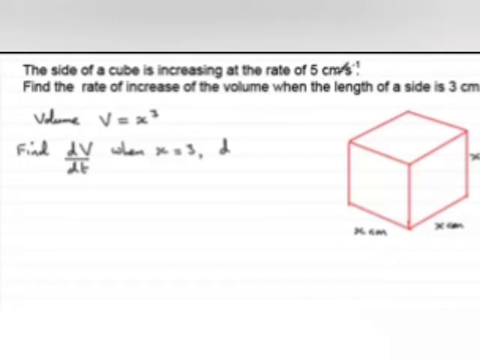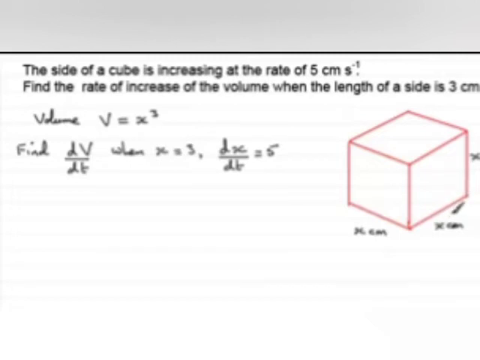Now we are given that rate, 5 centimeters per second. So imagine the size of this particular cube in 5 seconds. That means the size will have grown bigger, like 5 times in 5 seconds if it increases 5 centimeters for every second. That's the interpretation of dx/dt. And according to the question, it means our dx/dt will be equal to 5.